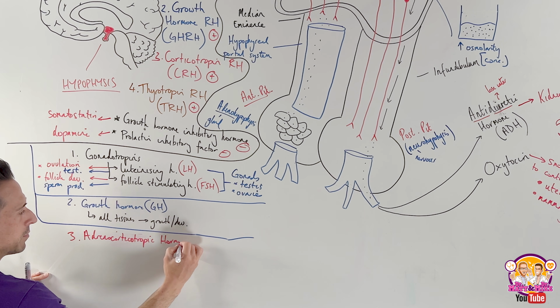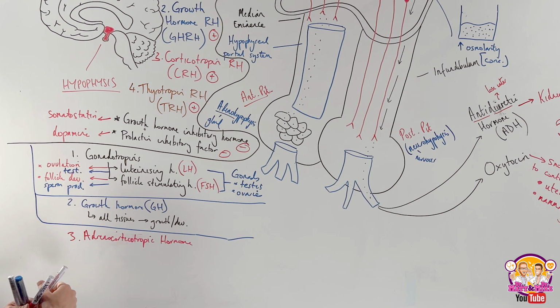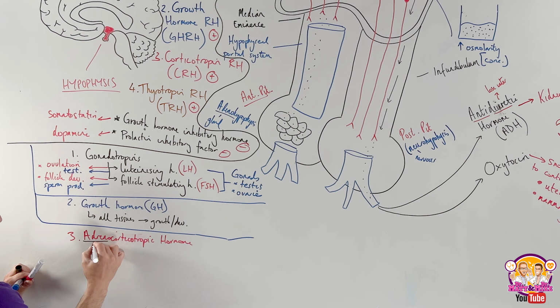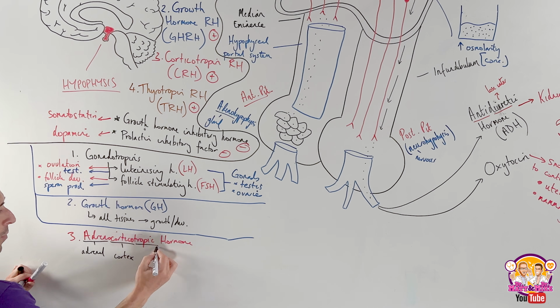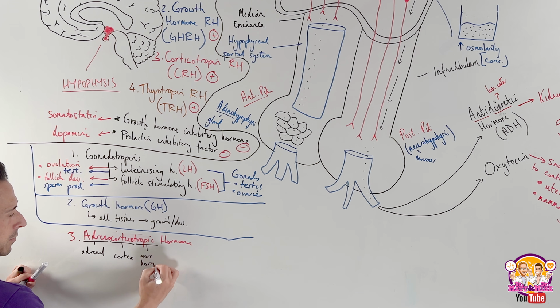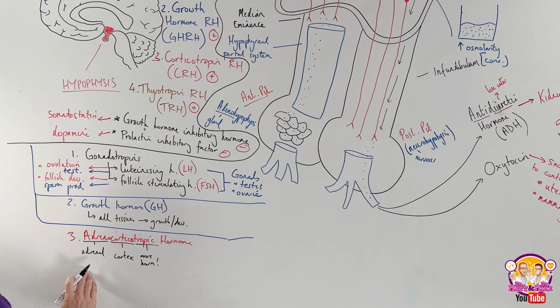Oh my gosh, that's a mouthful. Let's break it up so it makes sense. Adreno tells you the adrenal gland. Cortico tells you it's the cortex of the adrenal gland. Tropic tells you more hormones are going to be released. So it goes to the adrenal cortex to tell it to release more hormones.